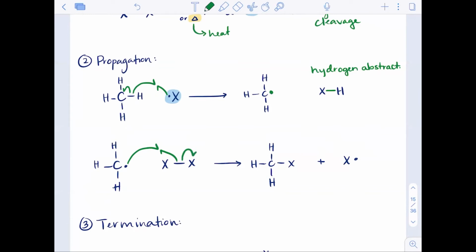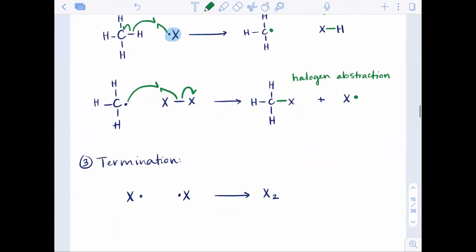This propagates and makes a second equivalent of halogen radical. So we are making a new bond and making a new radical in this halogen abstraction. That completes the two propagation steps for this reaction.